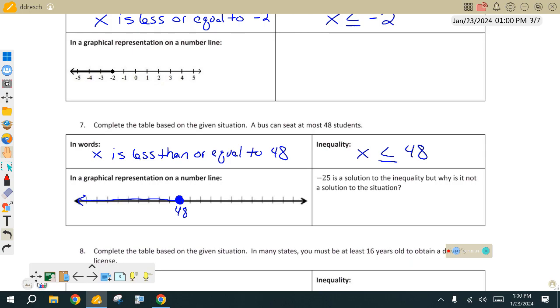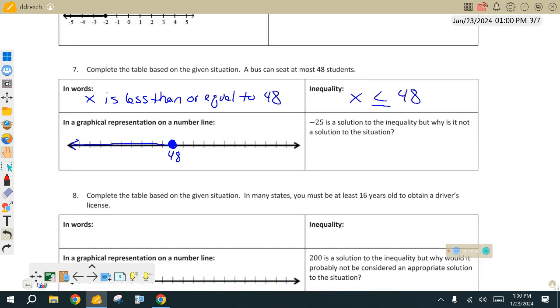Can we have this idea of -25 students? No. You cannot have negative students.